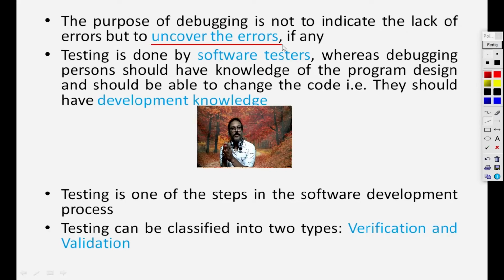Because as I already told you, it is a destructive process. Its intention is to find the errors. So sometimes we may take it negative, and the program developers don't do this testing extensively. Preliminary testing they will do, but they don't do extensive testing because they may not find the errors.